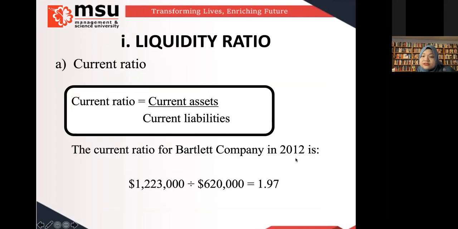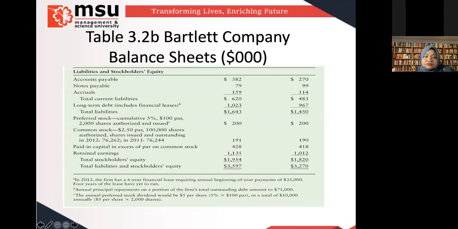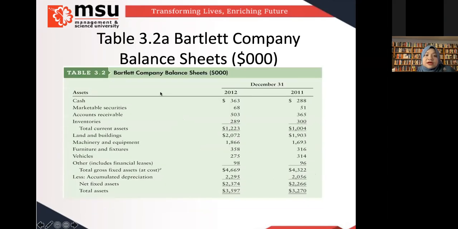This example is for 2012. The current asset is here, 1,223,000.